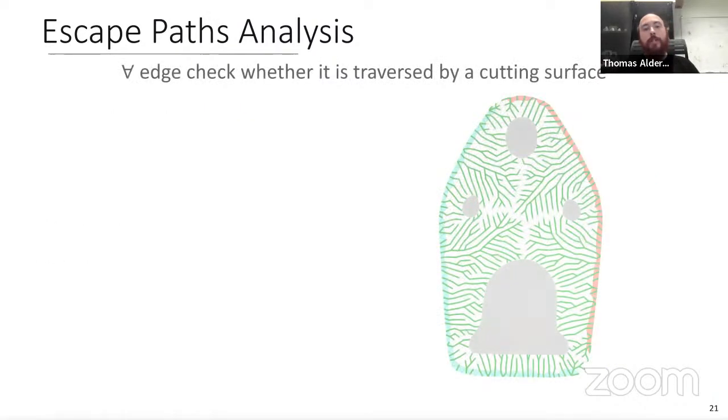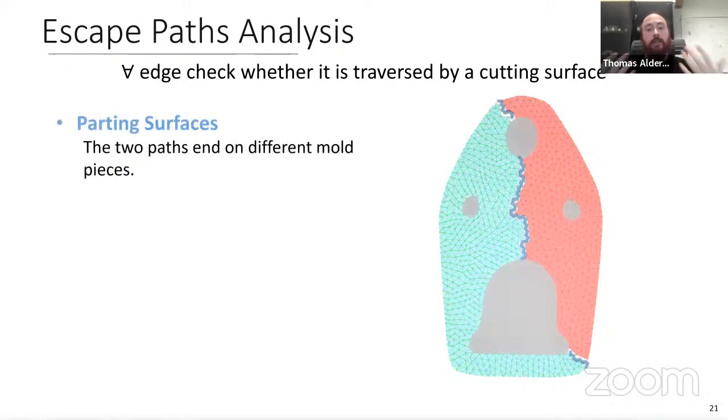So once you have computed the escape paths, the algorithm needs to check, for each pair of adjacent vertices or for each pair of adjacent escape paths, whether it needs to be traversed by a cutting surface or not. And there are three possible cases here. The first case is when you have to insert some part of a parting surface between the two vertices. And these are trivially identified from the first escape path computation.